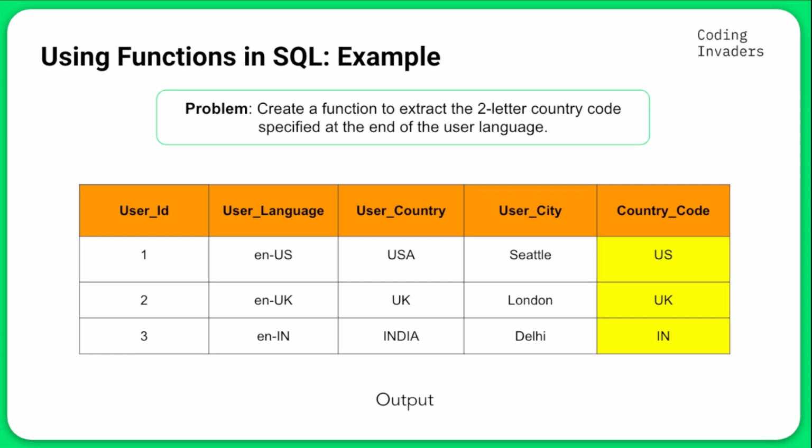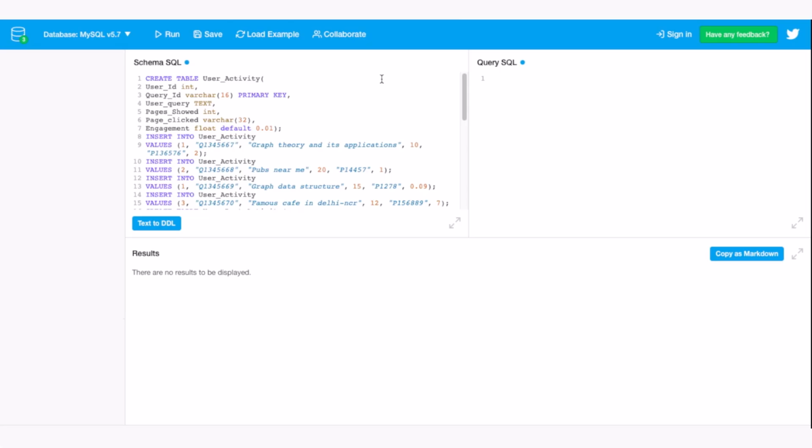Now let's go to dbfiddle and execute our code. In order to get the country code from any user language, we don't have any inbuilt function. So in such cases, we have to create our own function.